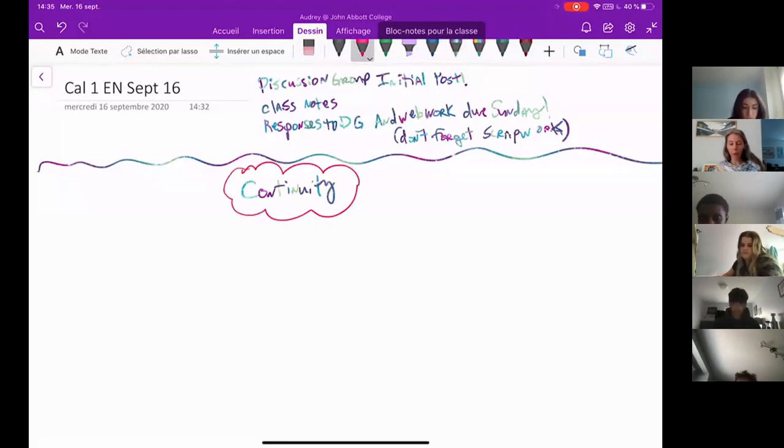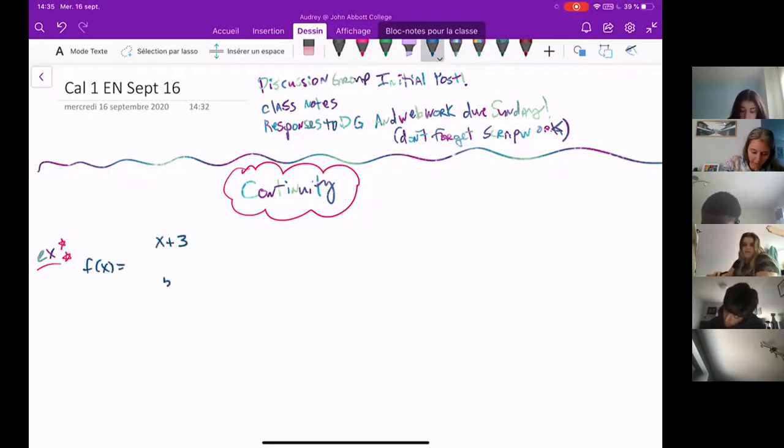Okay, so we're just going to do a couple problems that are similar to the problems we were working on Monday, and then I want us to add a layer of difficulty to this continuity thing. So we're really just going to start off with something that we've already done here, and that is f of x is equal to x plus 3, 5.